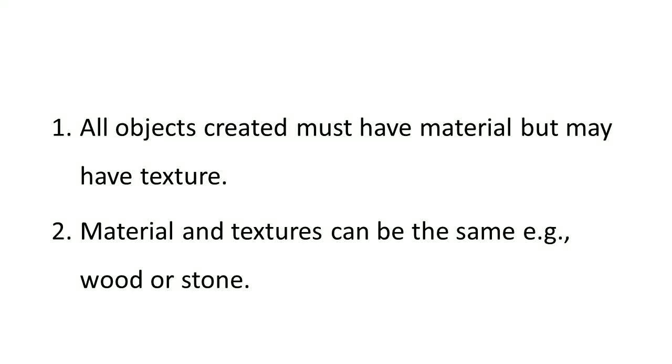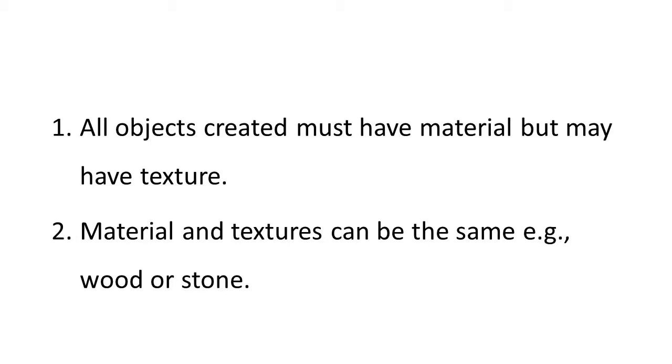Now in Blender there are three things you must remember. Namely, all objects that you create, even if it's a text, must have material. It does not necessarily need to have a texture. It may have a texture. And then also a material and a texture can be the same.